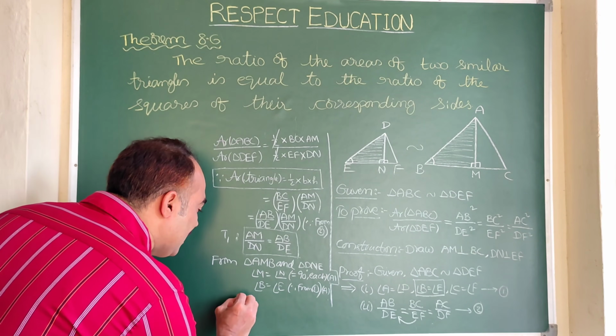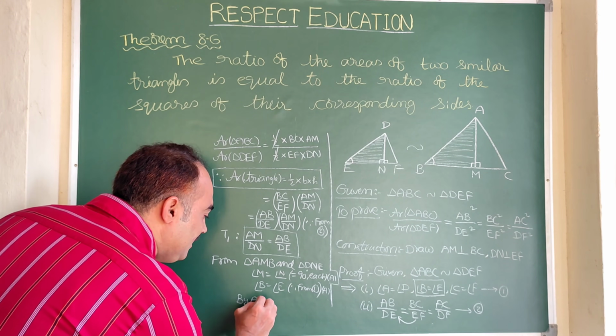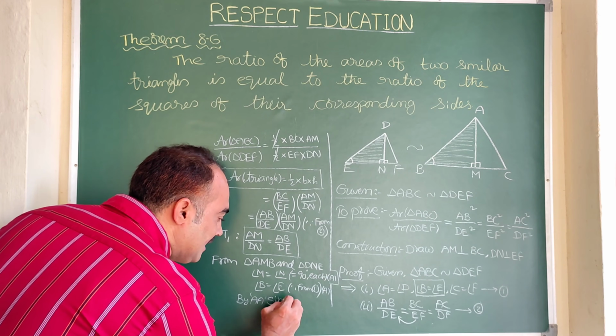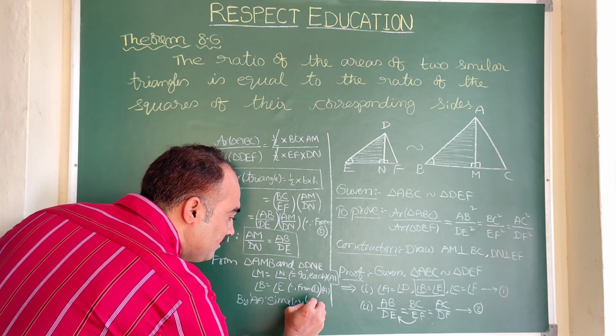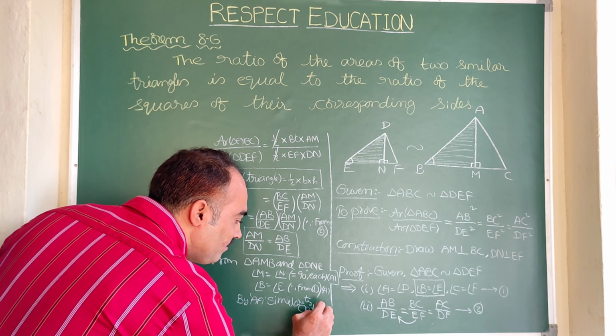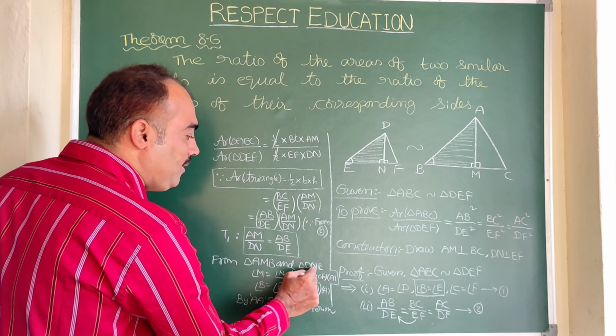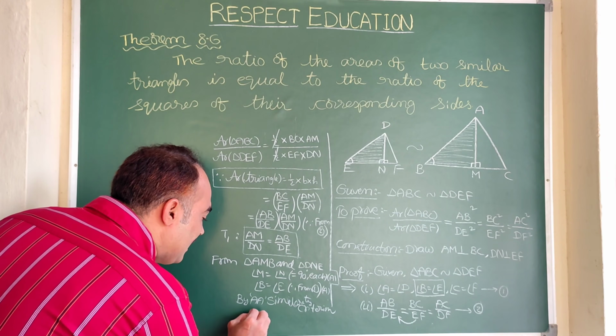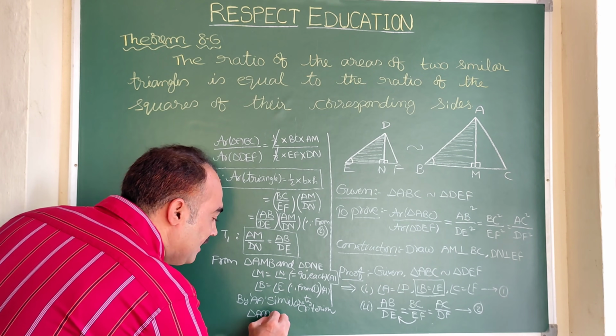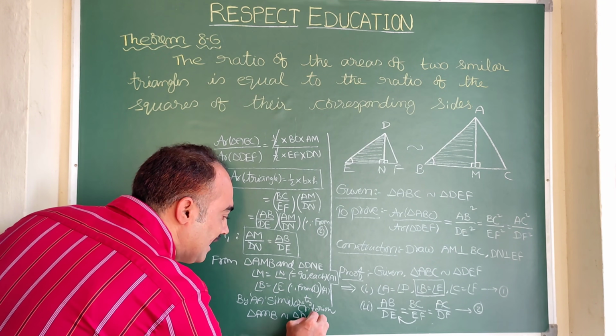So by AA similarity criterion, we can say that these two triangles AMB and DNE are similar. Triangle AMB is similar to triangle DNE.